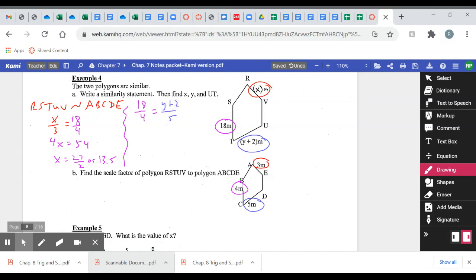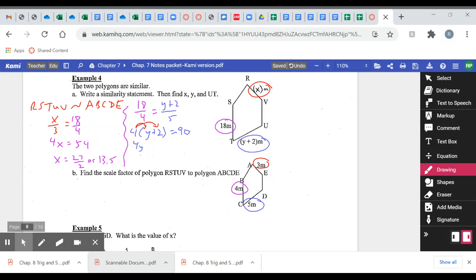So when I cross multiply here, I want to make sure I remember that 4 times y plus 2 is equal to 18 times 5, which is 90. Okay, I want to make sure that y plus 2 is in parentheses because I want to remind myself that I need to distribute here.